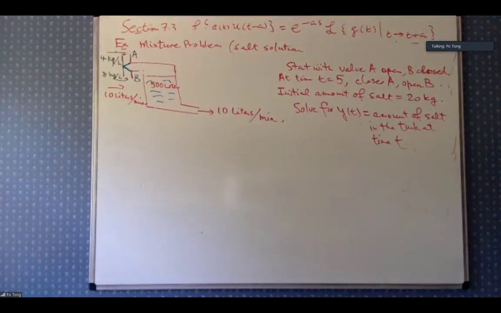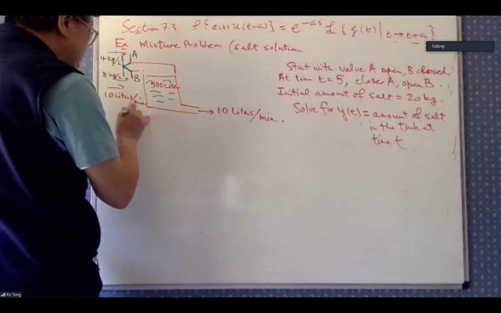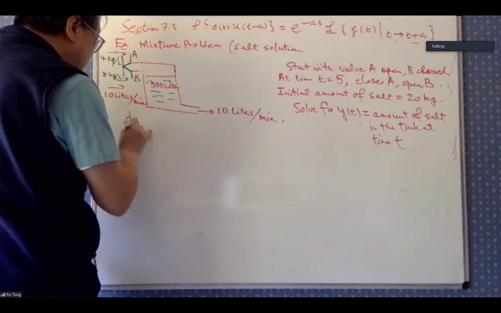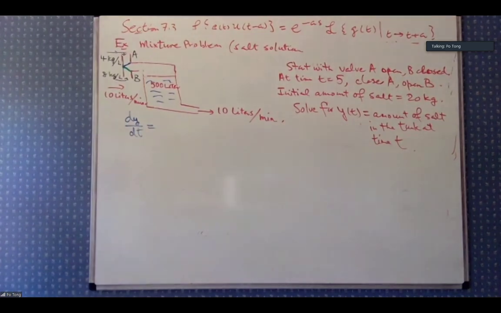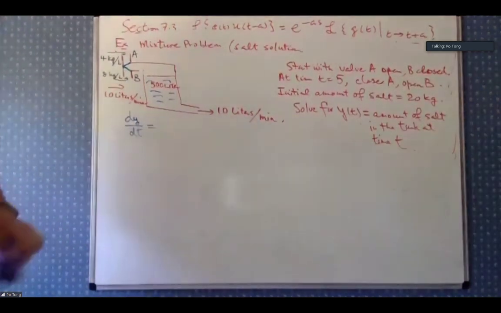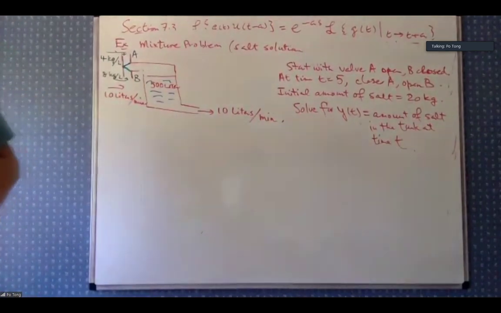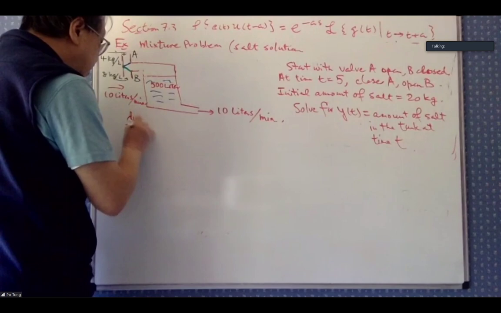Now, it's basically rate in minus rate out, right? So y prime, which is dy/dt, is the rate of change of the amount of salt.